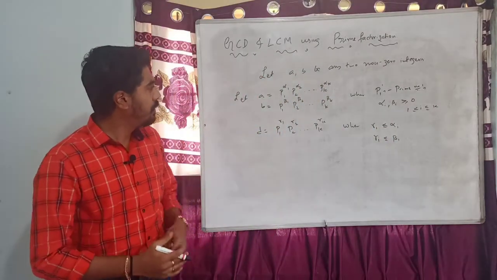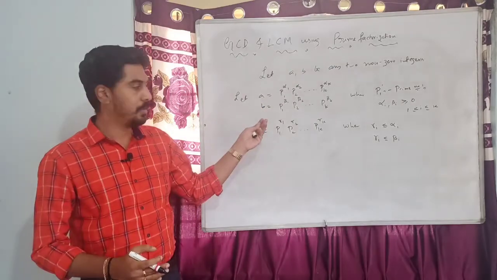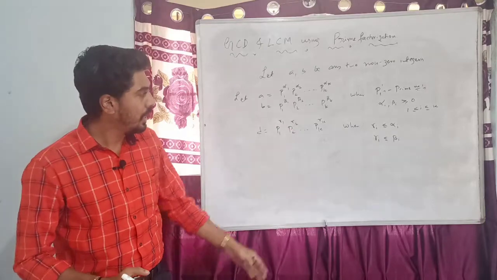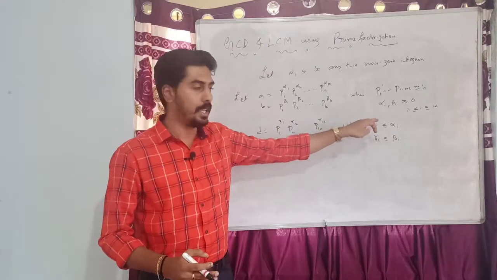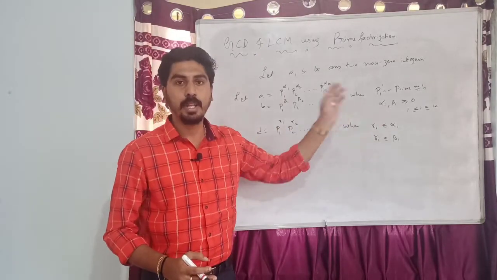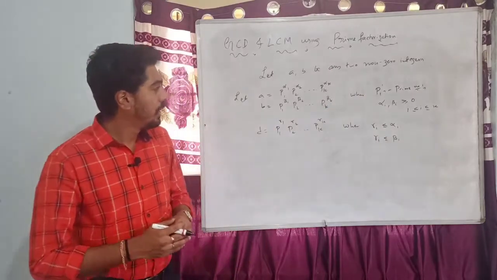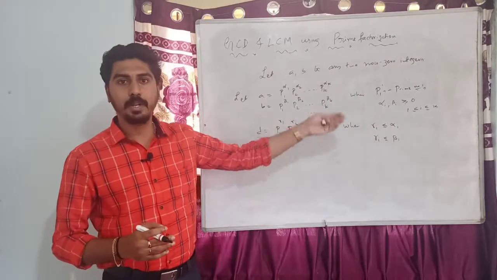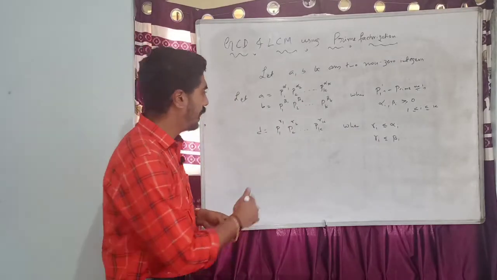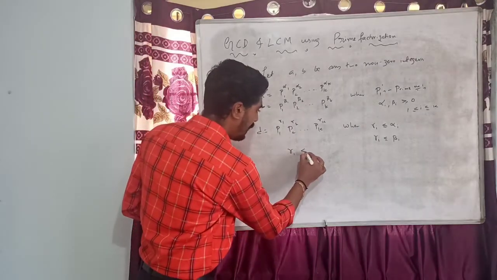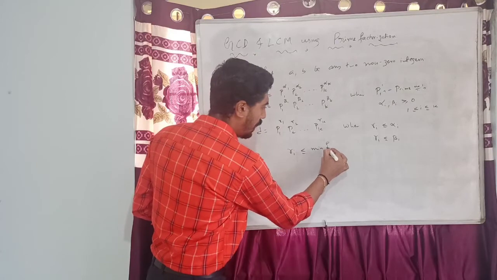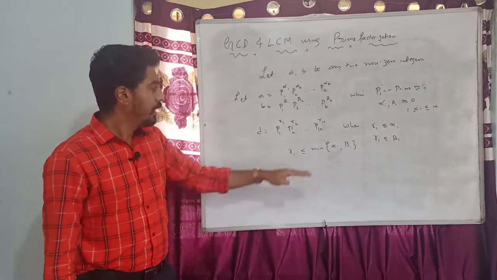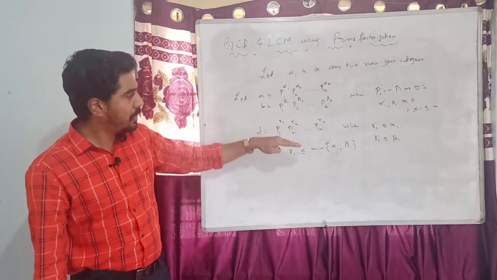So any common divisor of a and b will be of the form p1 power gamma 1, p2 power gamma 2, etc., pk power gamma k, where gamma i is less than or equal to alpha i and gamma i is less than or equal to beta i for all i. Now, if these two conditions have to be satisfied simultaneously, gamma i should be less than or equal to the minimum of alpha i and beta i. This is how the common divisor of a and b looks.